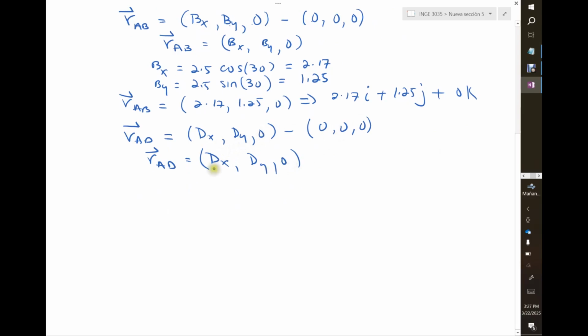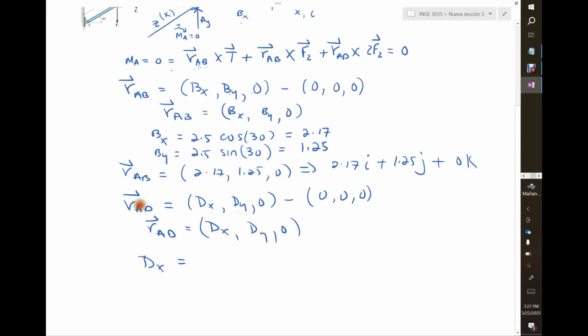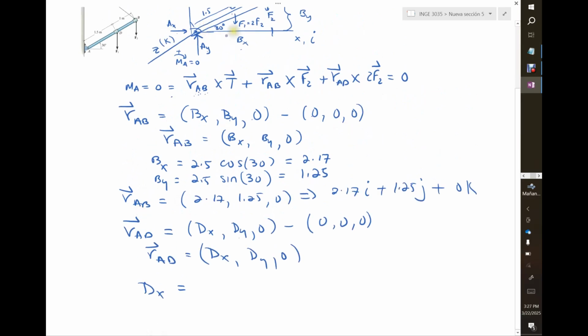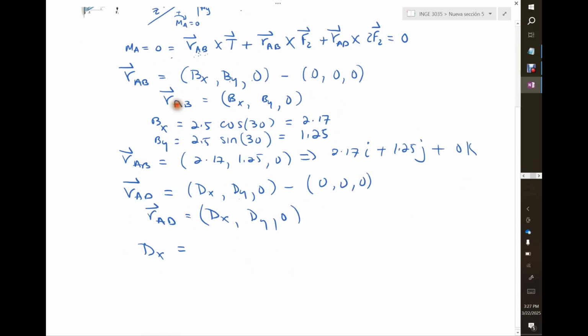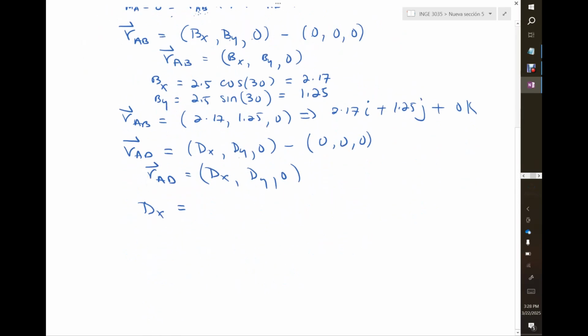End of the story. This minus this, and this minus this. So we only need dx, and for dx, be careful here. The position is pretty much the same as last time, but we are here, and this distance on the hypotenuse is 1.5, so that is about 1.5 times the cosine of 30. That's equal to 1.3, and then dy is 1.5, the hypotenuse, times the sine of 30.